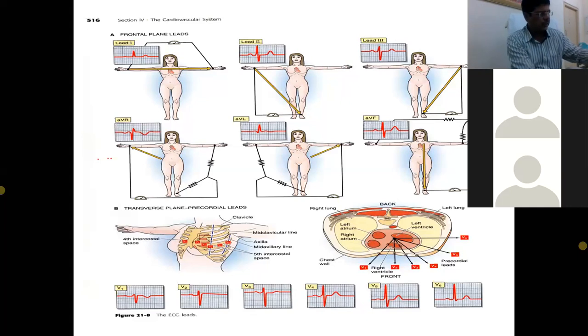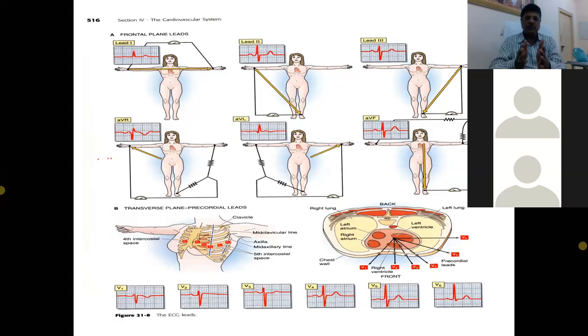So if you look at V1, the bottom panel, you don't have very big recordings there. You have an almost insignificant P wave, a very small R wave, Q wave is not there, and a big S wave. You have a very big S wave. You come to V2, the same thing.